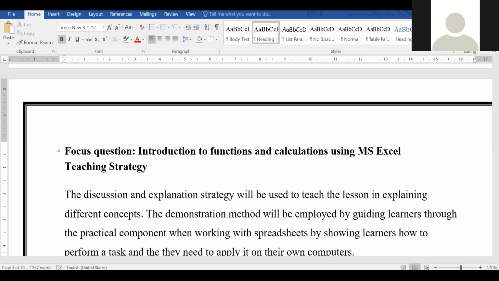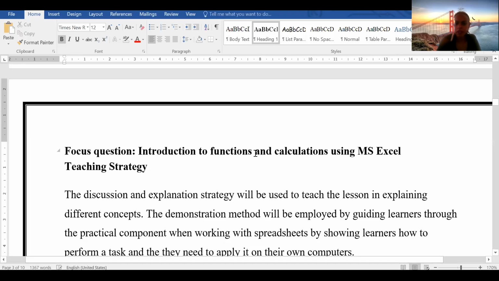to functions. Why am I calling it introduction rather than just functions and calculations? Maybe I can even remove calculations for now. I just say introduction to functions using MS Excel. Why am I using the word introduction? Timisho.